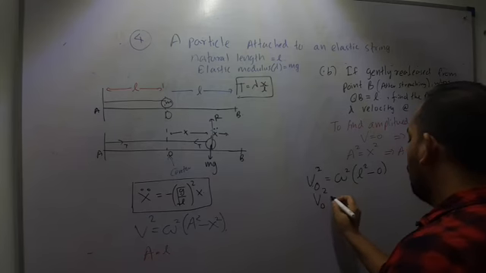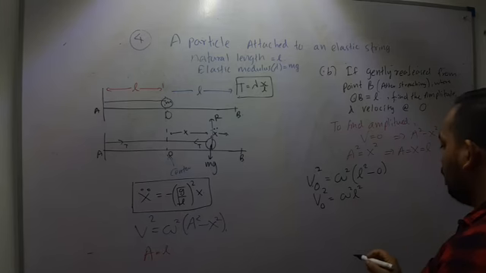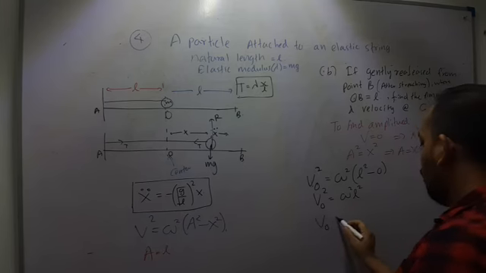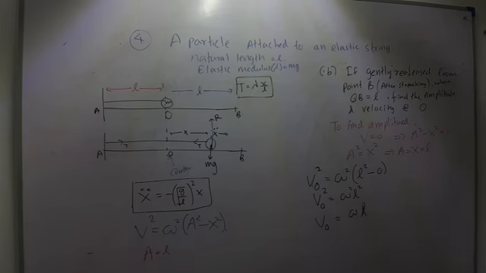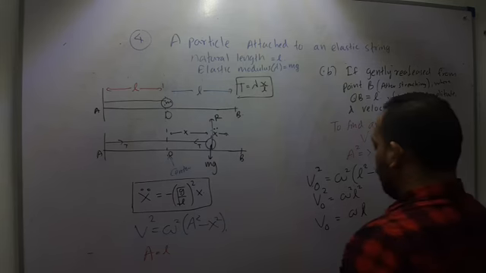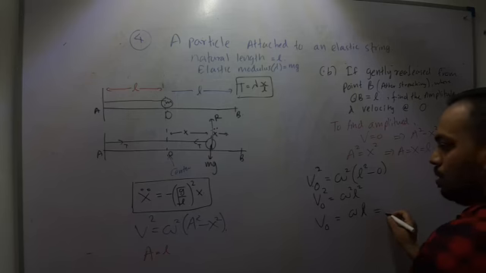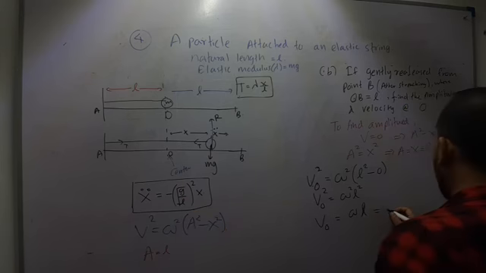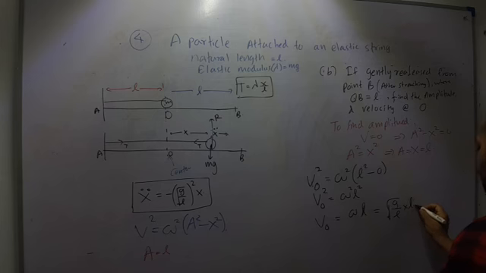So this should be omega squared L squared, and velocity at O would be omega times L. You know this equation because at the center you have the maximum velocity of the particle. Now omega is root g over L, times A, which is L. Therefore, the final answer is root GL.